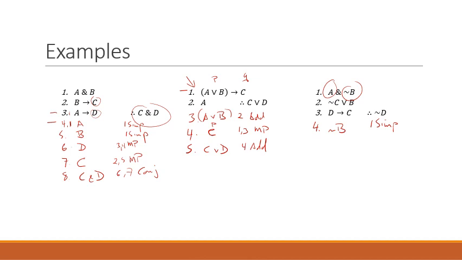Disjunctive syllogism says if you have a disjunction, in this case not C or B, and you have the negation of one of those disjuncts, so that would be either not C or not B, then you can derive the other. So in this case, I have not B, which is the negation of B, and I will be able to derive the other disjunct, which in this case is not C. I'm not negating the disjunct, right?